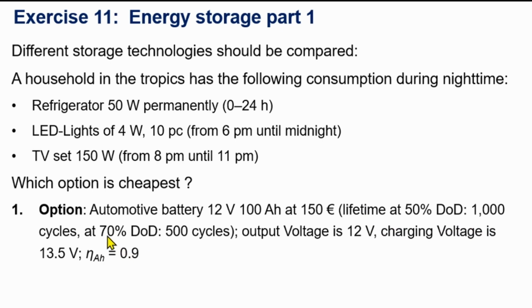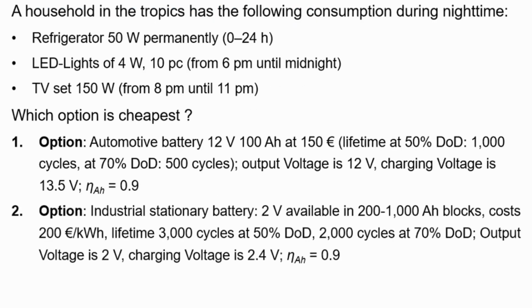If we go to 70% depth of discharge, we only have 500 cycles. Output voltage is 12 volts. Charging voltage is 13.5 volts. And then the so-called Coulomb efficiency, in other words, ampere hour efficiency, is 0.9. As a hint, this is not the energy efficiency.